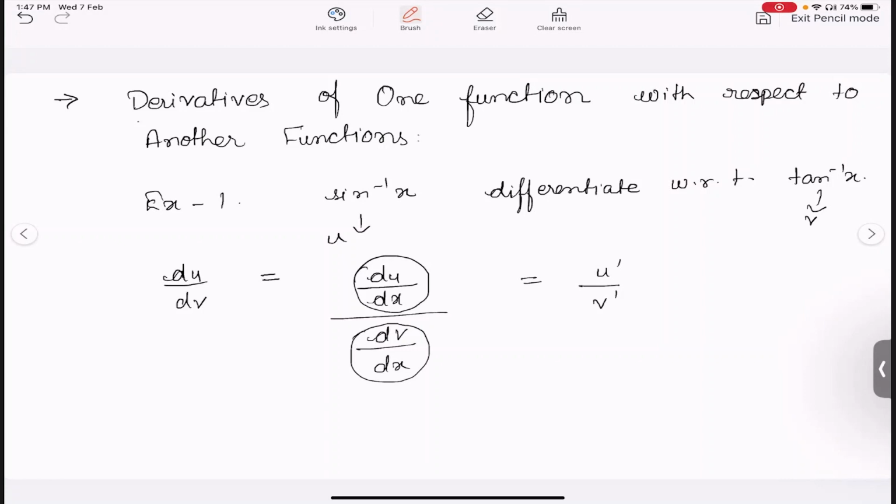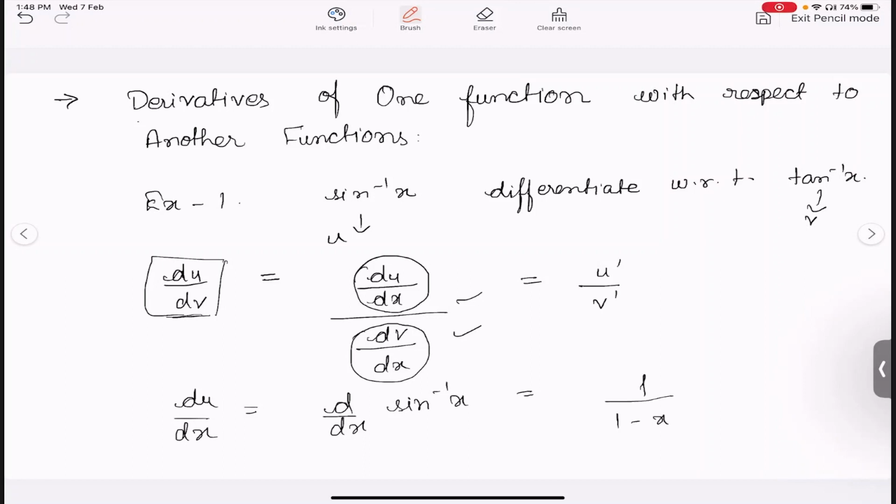So first we'll find du by dx. This is what we are expected to do. So du by dx will be equal to the derivative of sine inverse x with respect to x, that will be equal to 1 by square root of 1 minus x square.